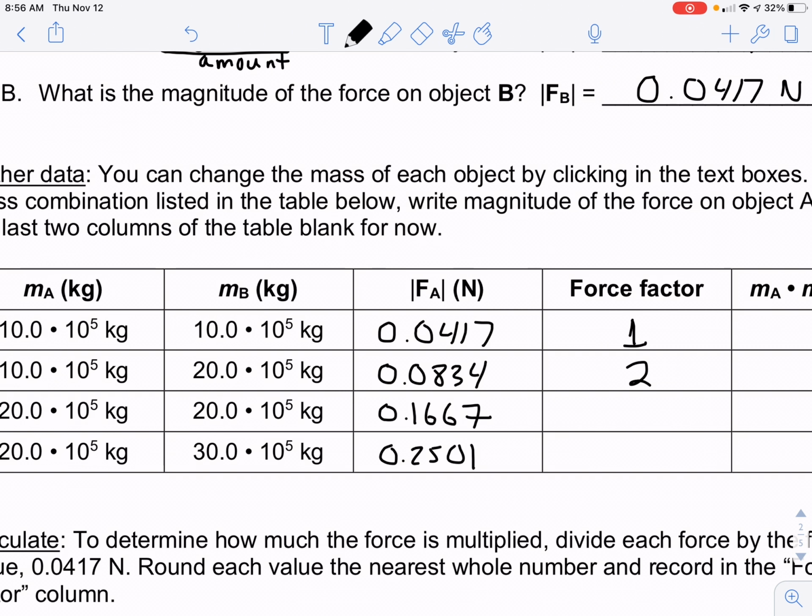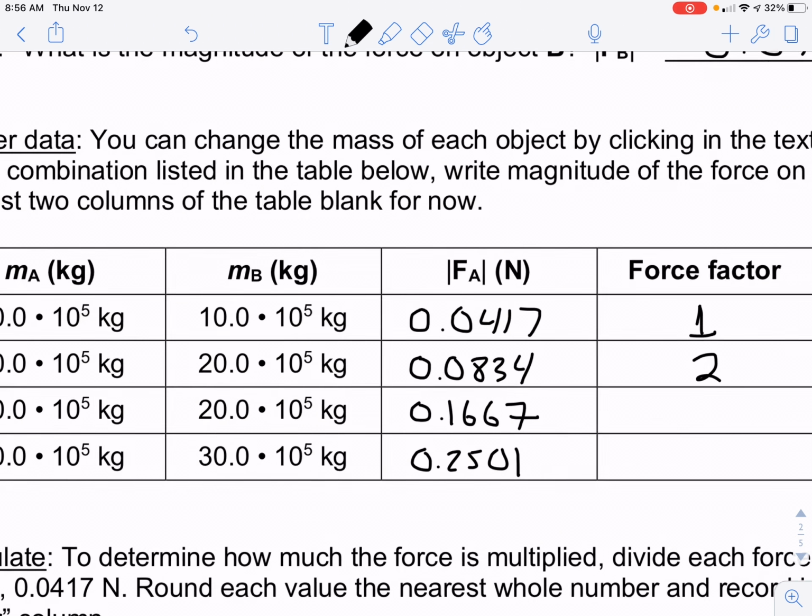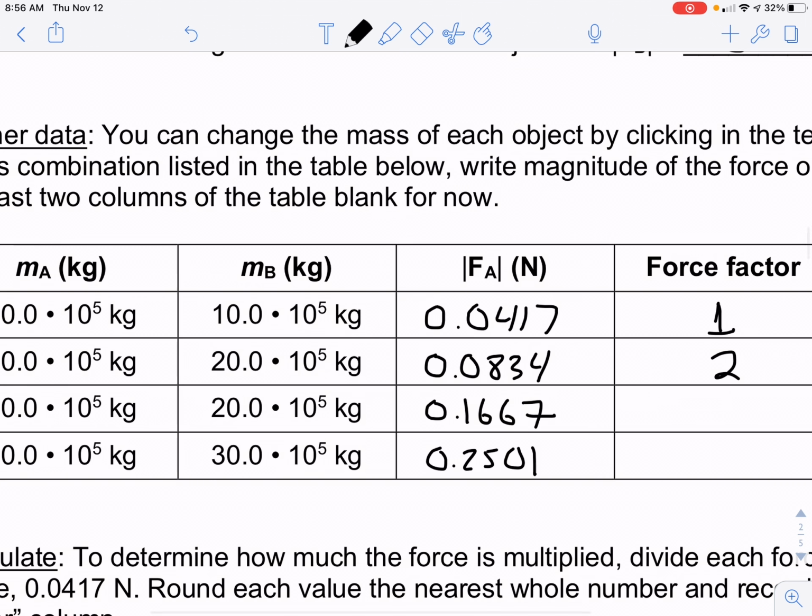Okay, now if you look on this one, how does 0.1667 compare to this? And the easy way to tell, guys, is just take this number and divide it by the original number. See, if I take 0.0834 and divide it by 0.0417, I get 2.